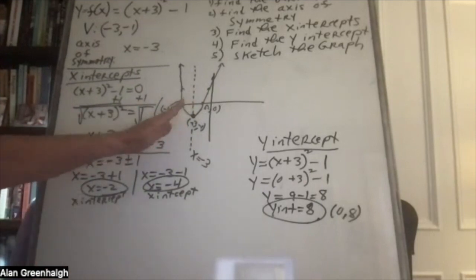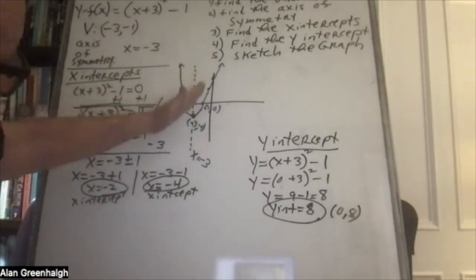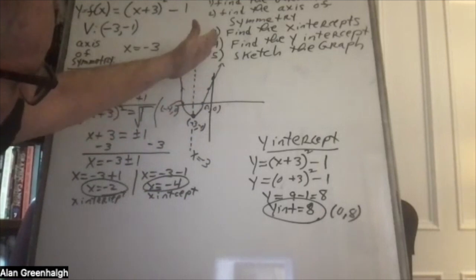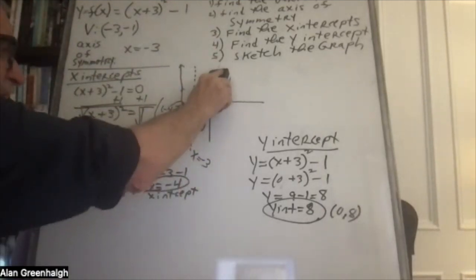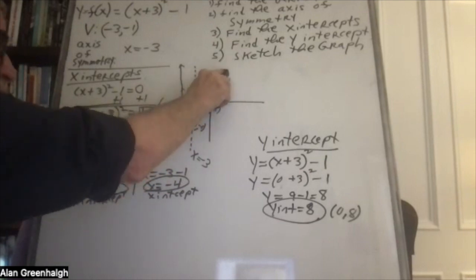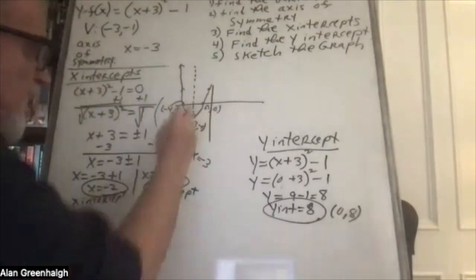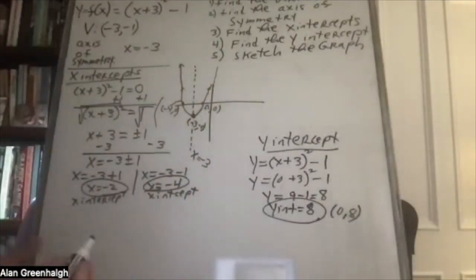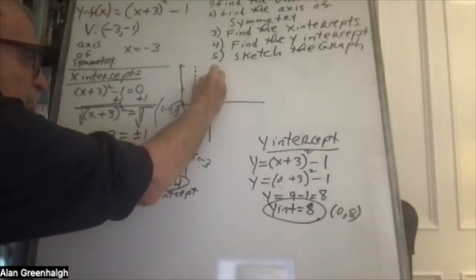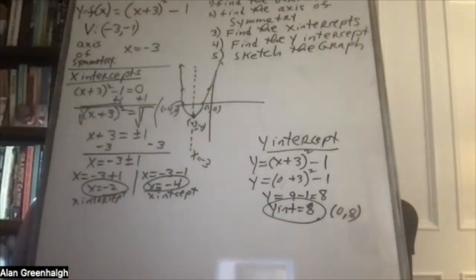I had to lean it a little, but let's do a really good job and not do it haphazardly. We're not using graph paper, so obviously you're not going to get an exact graph, but it's going to look like that pretty much.